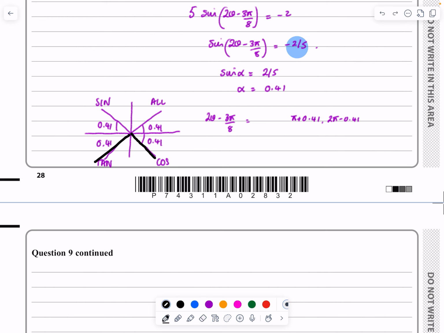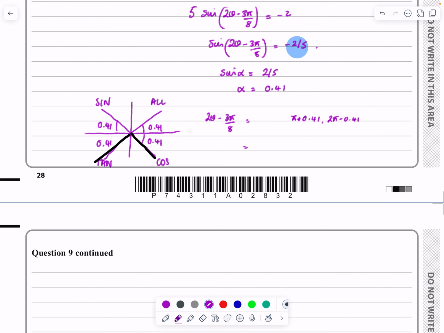It could be that with 360 added onto it, because I know I've got to get 4 values, so it could be that one with 360 added on, and then the same with this angle here. That could also be 360 added on, or 2 pi, because we're working with those. So it's going to be these 2 answers, and also that one plus 2 pi, and that one plus 2 pi. So let's just focus on those for a second then, and say, right, what were those answers?